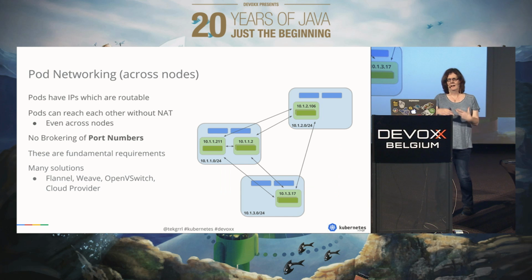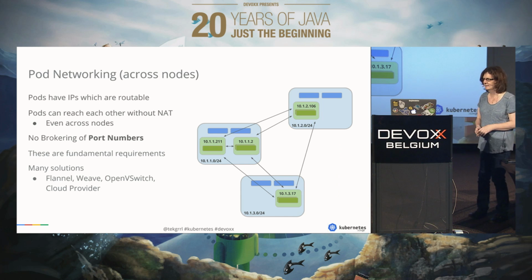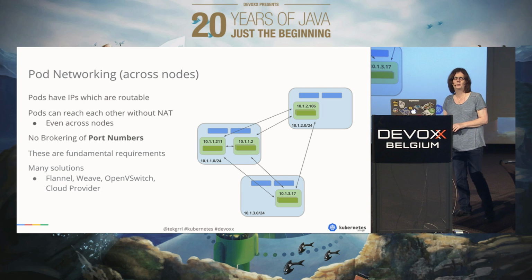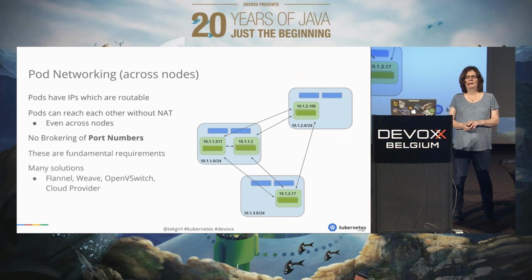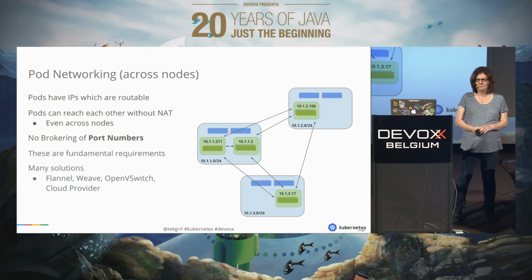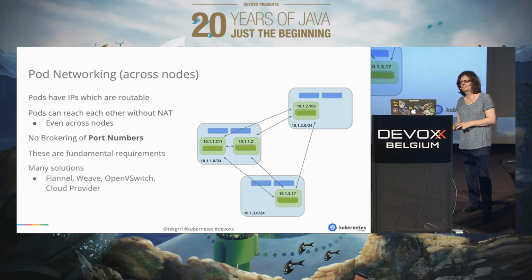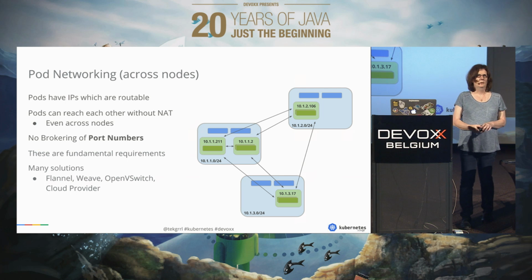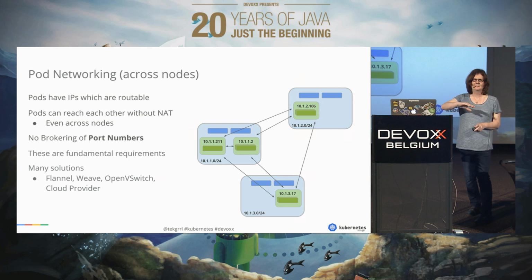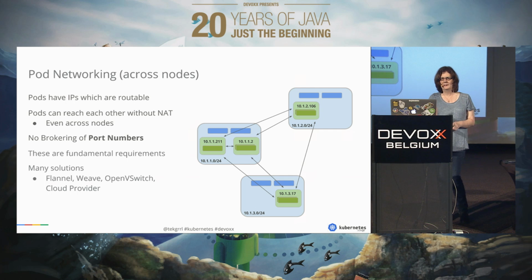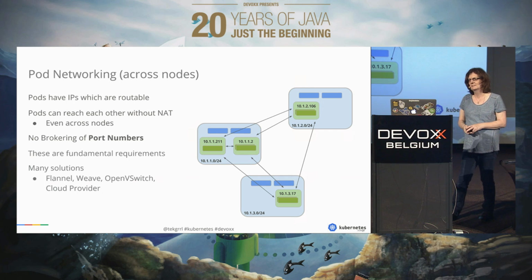And also, we've touched on this already, pods have their own IP address. Well, they do, and that's made possible through various different mechanisms depending on where you deploy Kubernetes to. If you're using CoreOS, for example, you'd probably use Flannel, or maybe on Amazon, Flannel, and there's also Weave and Open vSwitch, which are overlay networks, which give you the ability to assign a pod an IP address, which means it has its own port namespace as well, so there's no brokering of ports.